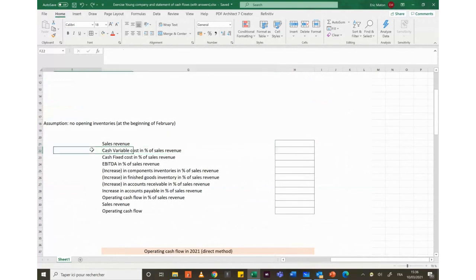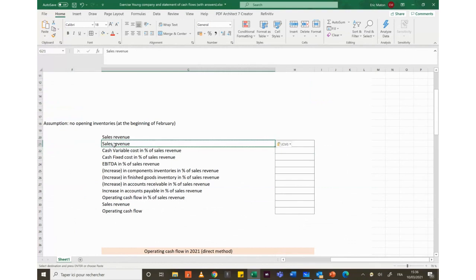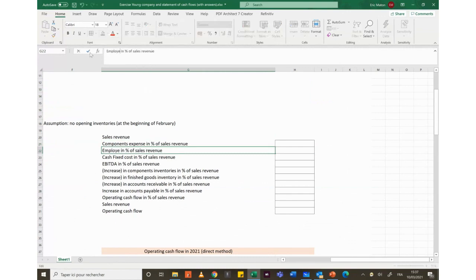We'll suppose here we put before, and we will put the components spent in percentage of sales revenue, the employee cost in percentage of sales revenue, and the purchases not for inventory in percentage of sales revenue.